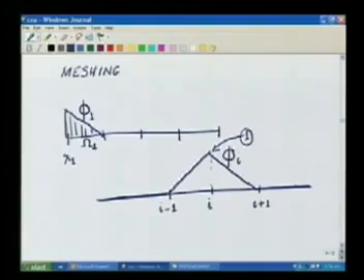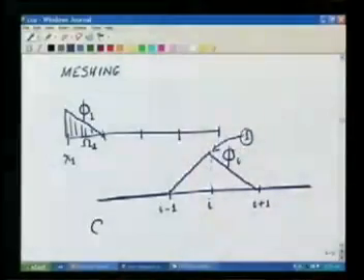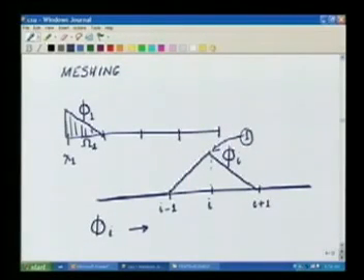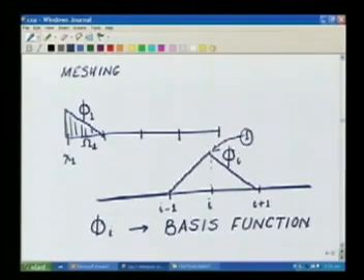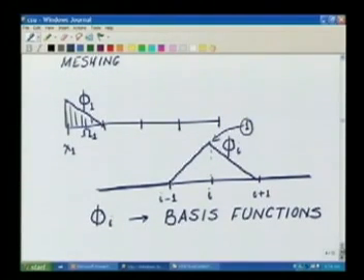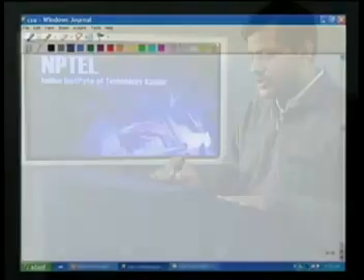These functions phi i's corresponding to the nodes. So in this case, if I go back to my mesh that I formed, there will be 5 such functions phi I. These functions phi I are called basis functions. So once I have the basis functions, in terms of the basis functions, I am going to define my finite element solution.